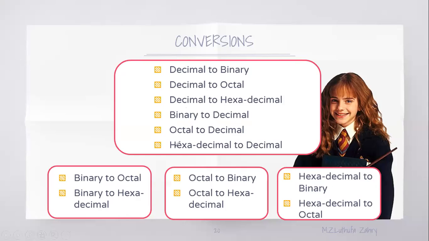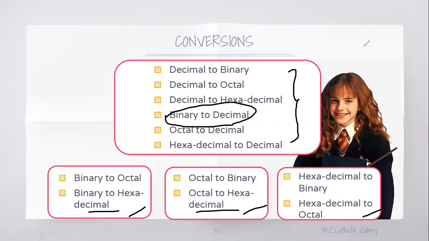Once we are done with the decimal conversions, we do the conversions binary to octal and binary to hexadecimal, octal to binary and octal to hexadecimal, hexadecimal to binary and hexadecimal to octal. Why didn't we have binary to decimal or octal to decimal here? Because we already have them in the decimal conversions. So first we'll see the first 6 conversions, and then the other 6 conversions.